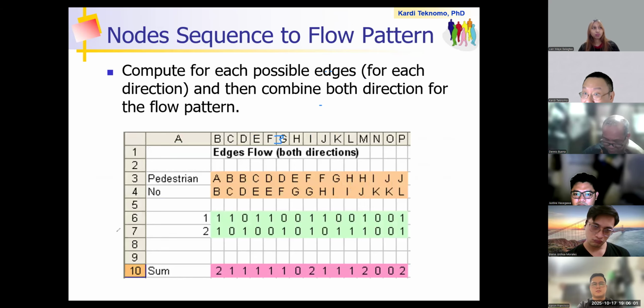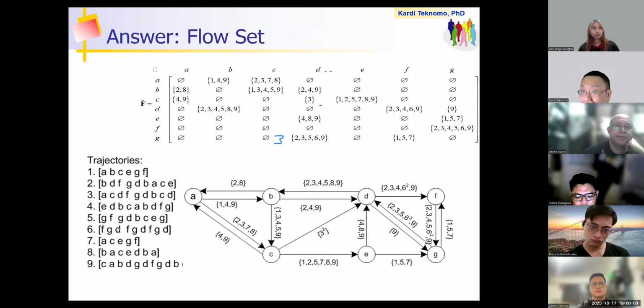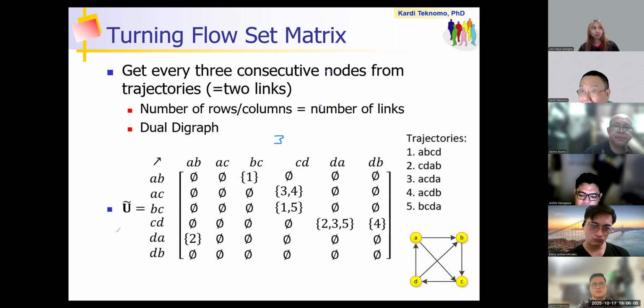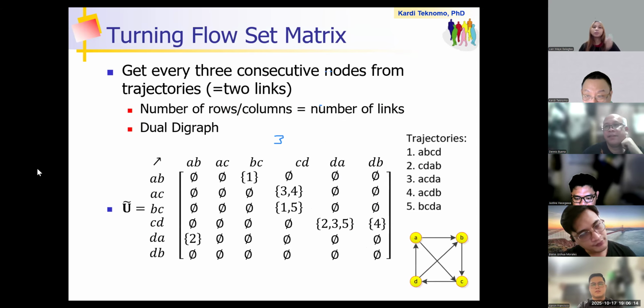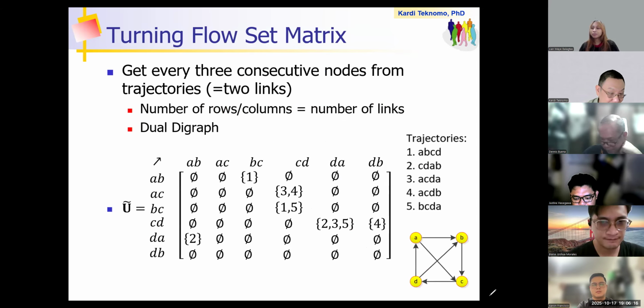F. There. So we can get consecutive 3 nodes. From this trajectory, how do you get consecutive 3 nodes? Now it becomes link and link here.